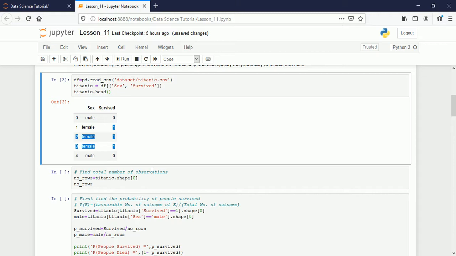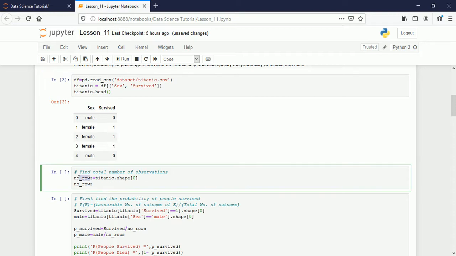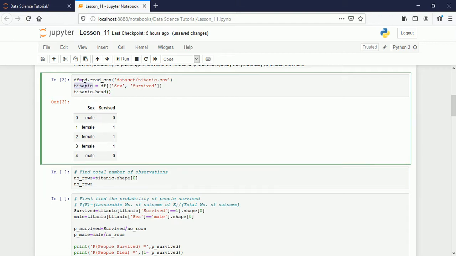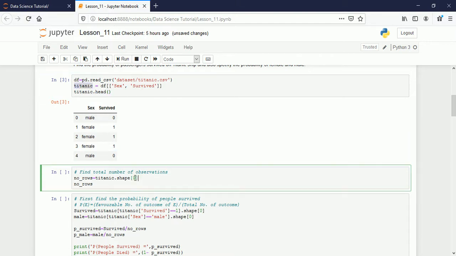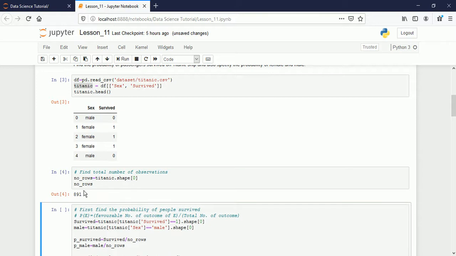That is the formula for classical probability. So the total number of rows, if you want to count, this one, titanic, is our data set, data frame. So shape means you take the first column, not the second column, so that will be the number of rows here. 891 is the number of rows.